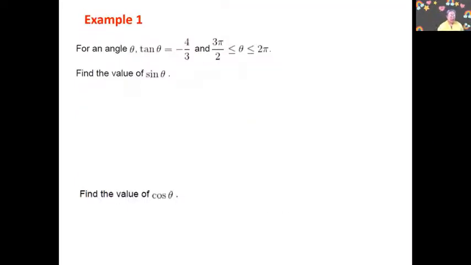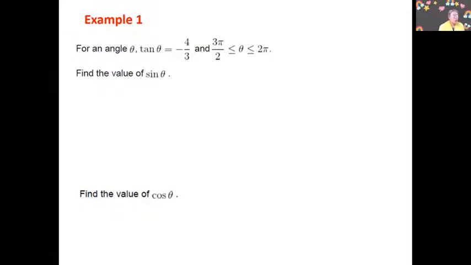Well, what do we have here? The problem says, for an angle theta, if tangent of the given angle gives you the exact value -4/3, and the angle is placed between 3π/2 and 2π, then this is enough information for us to investigate, and we should be able to find the exact value of sine of that angle.